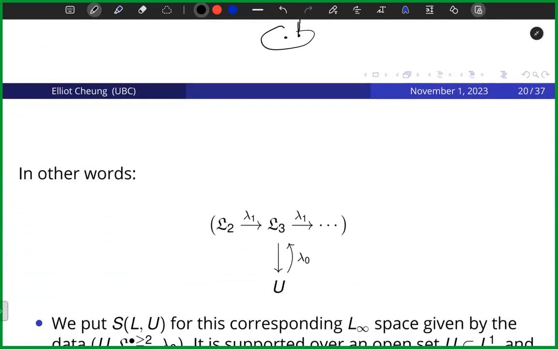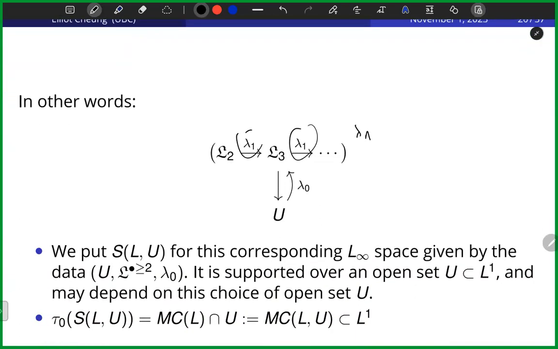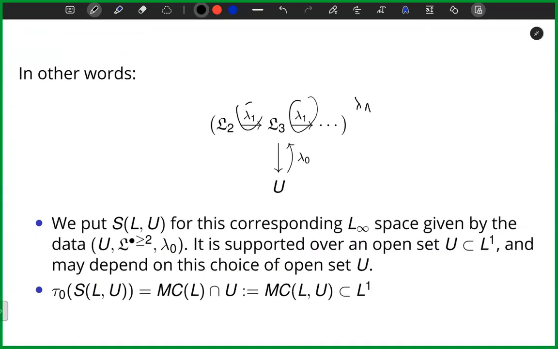So diagrammatically, it kind of looks like this. And then, this is the differential that's possibly curved. And there's some other operations, lambda n, that make this into a curved L infinity algebra in bundles. So this triple U script L starting from 2 and the lambdas give us an L infinity space, and we call this SLU, and it's supported over this open set.